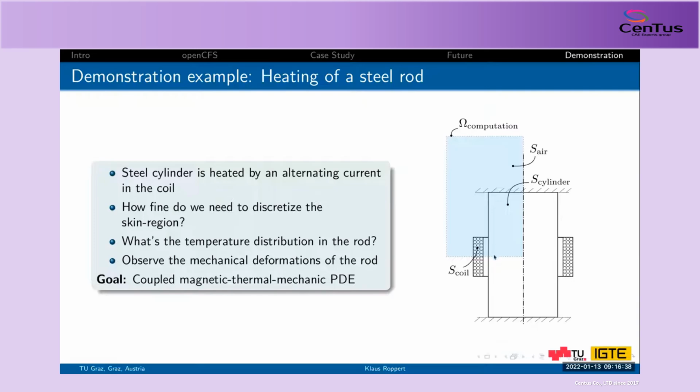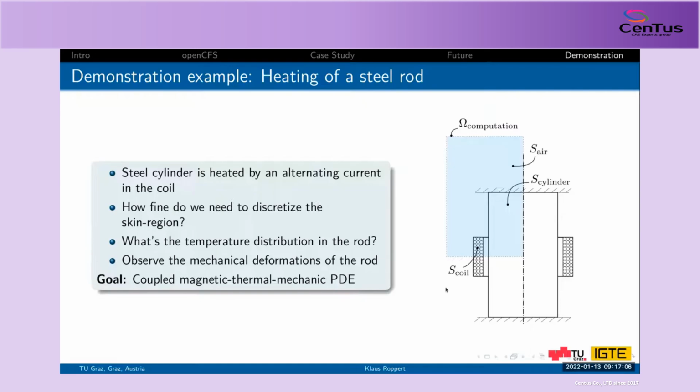So the higher the frequency gets, the narrower this effect gets. So what we want to do is to introduce a mesh refinement towards the surface here. And after we've simulated the magnetic problem, or after we can be sure that the mesh is correct by performing a parameter study, we're solving the coupled problem.